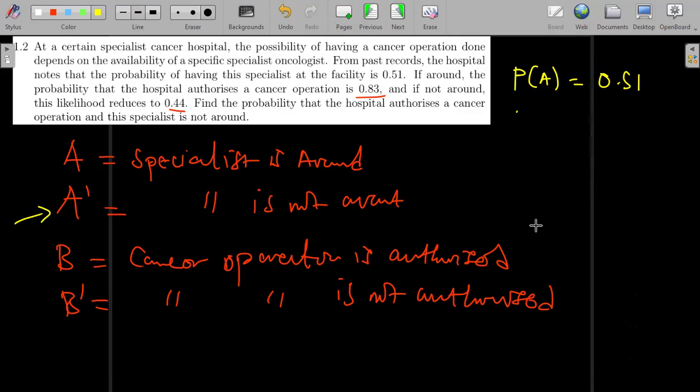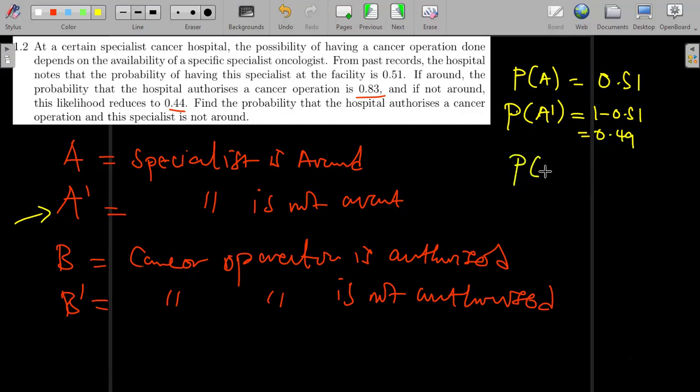So the probability that he is there plus the probability that he is not there should always be equal to 1. So the probability of A complement will just be 1 minus 0.51, which gives 0.49. So this is the probability that this specialist is not there.